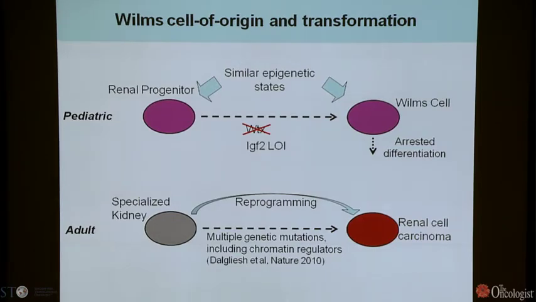They peter out by about age 5 in a kid, so you need to take presumably more specialized kidney cells and then reprogram them to cause renal cell carcinoma. And of course, renal cell carcinoma was one of the first of now many tumors found to have many genetic mutations in the chromatin regulators, which we would speculate might be required for some kind of epigenetic reprogramming to achieve an immortal state here.